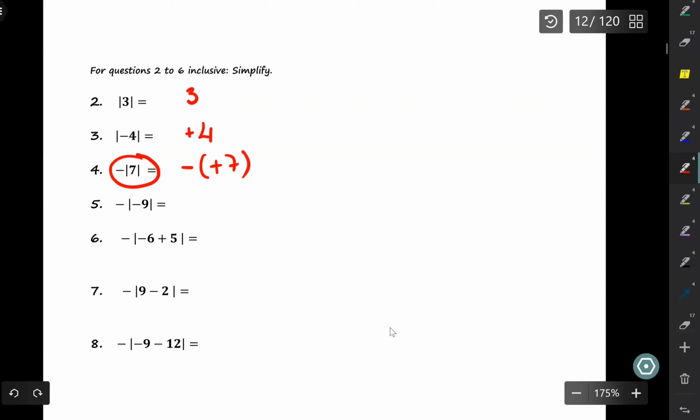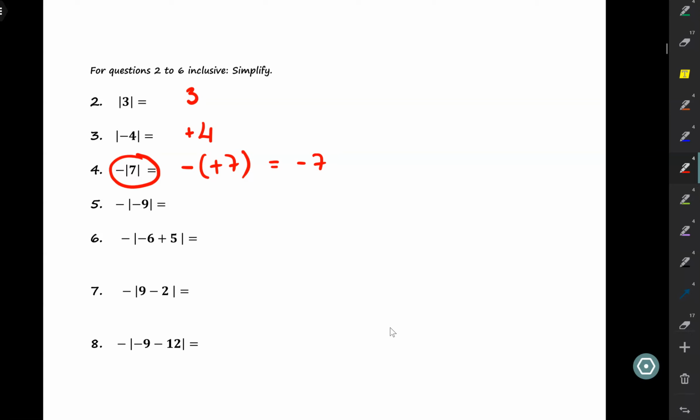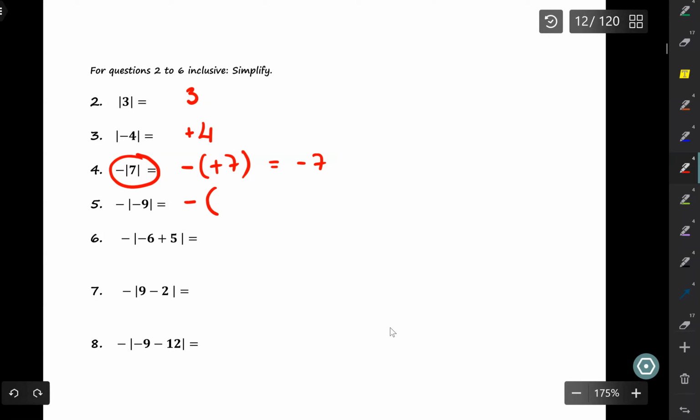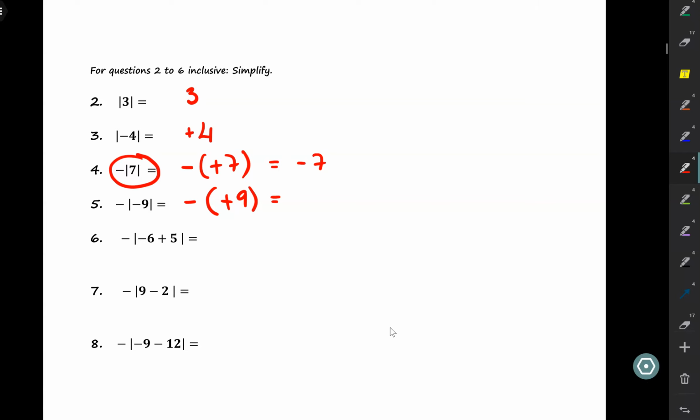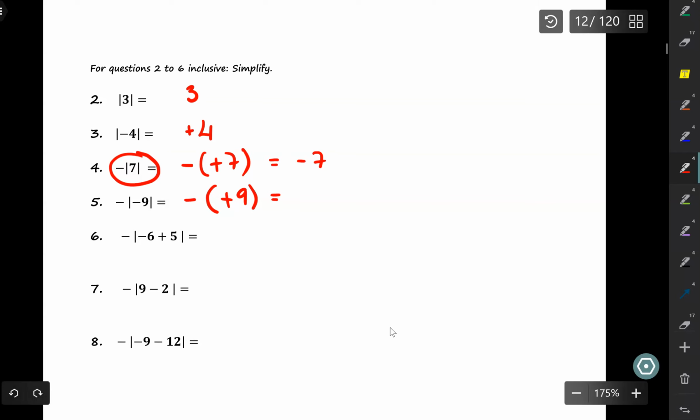Now negative times the positive, we turn that into a negative 7. Okay, again, I will turn this into a positive 9 inside the brackets, right? Okay, so now I have negative times positive will make a negative, so the answer is negative 9.